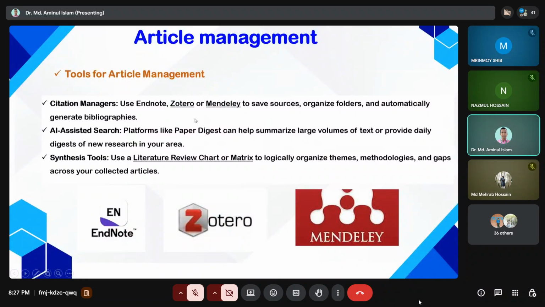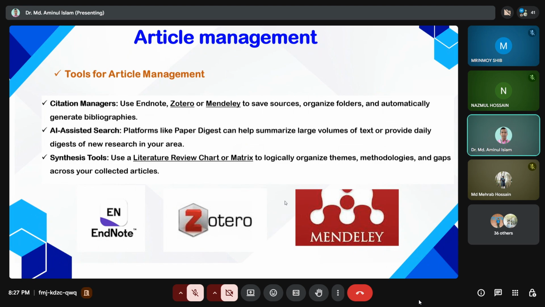You can also find your articles using AI-assisted search platforms like Digest, which can help summarize large volumes of articles and provide a daily digest, and synthesis tools you can also use. So I usually use this software to save my articles.